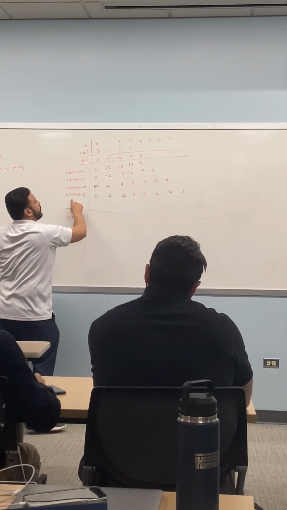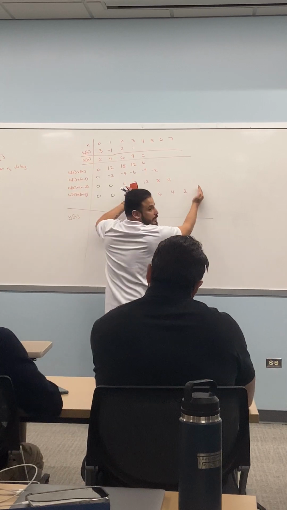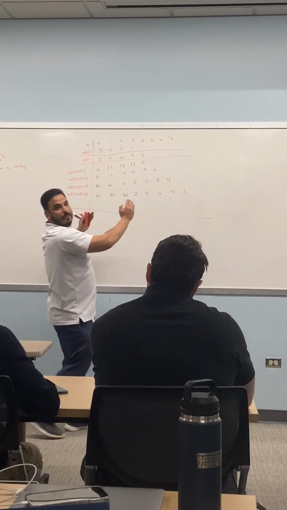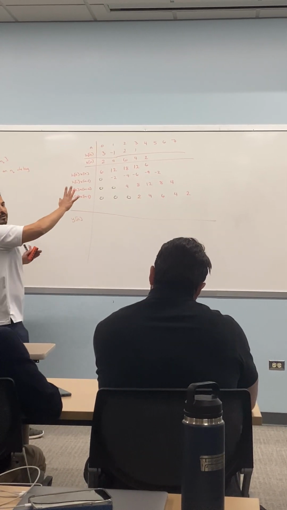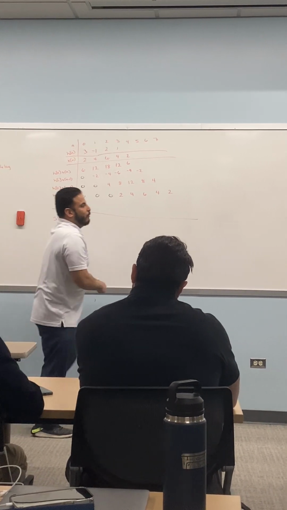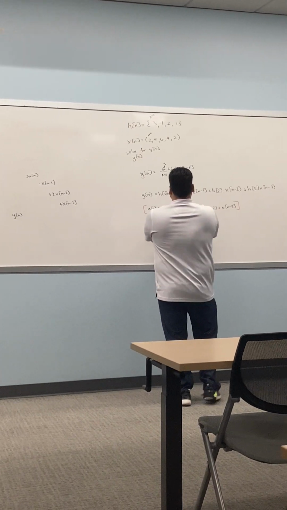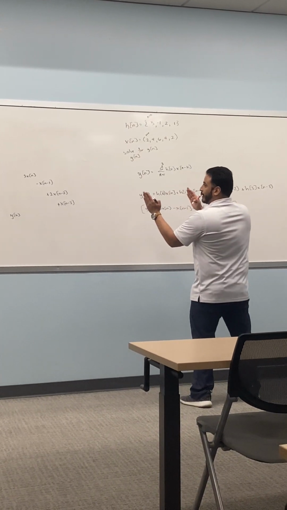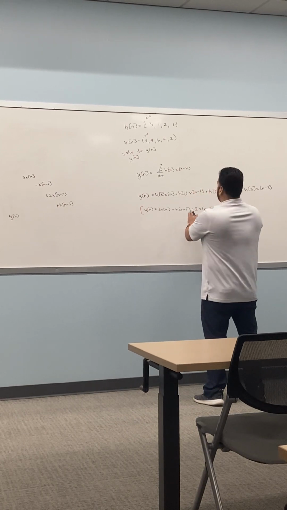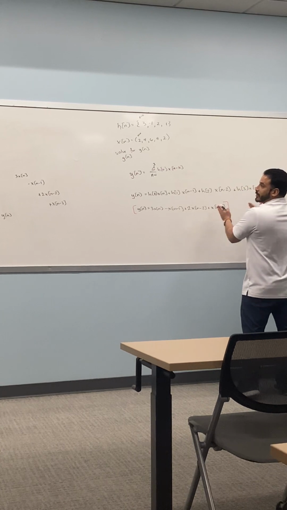And then h of 3 is 1 times this x of n, but shifted over 3 times. So it keeps it in a very regular order, because then what is y of n? y of n is the summation of 3 times x of n minus x of n shifted 1 plus 2 times x of n shifted 2 plus x of n shifted 3.